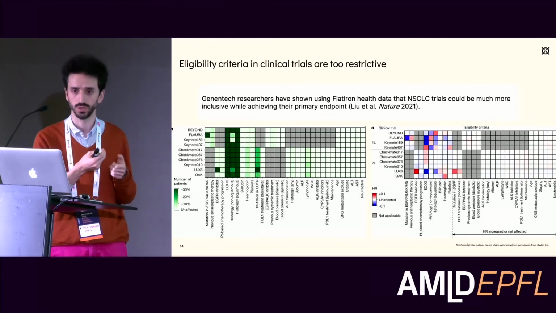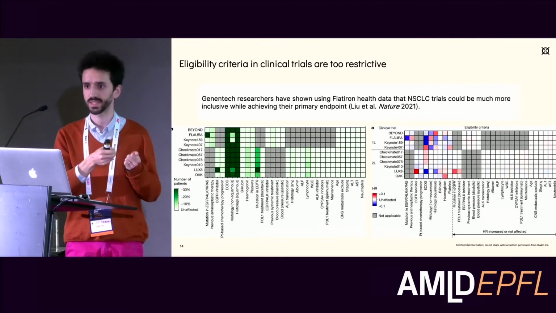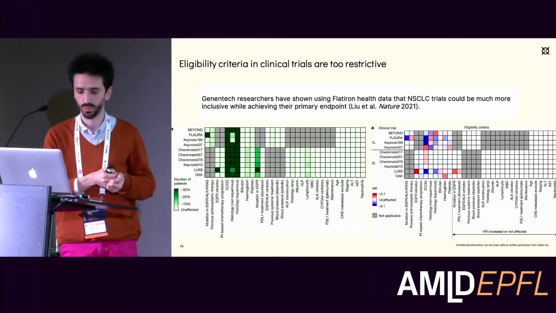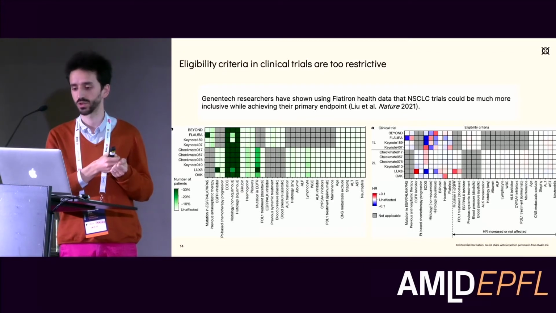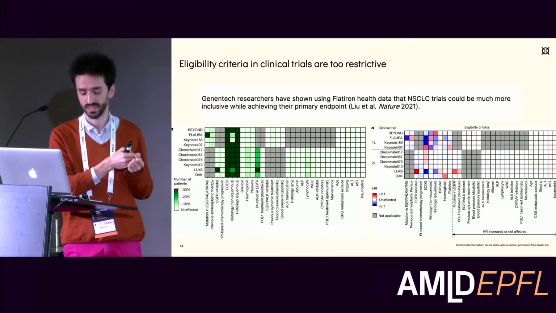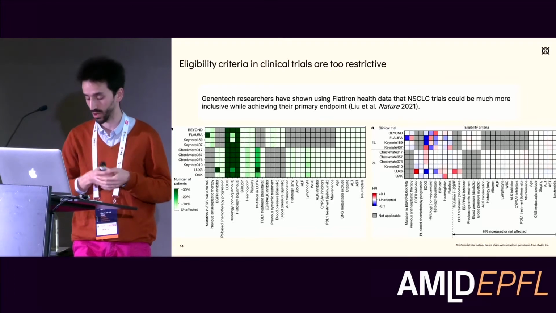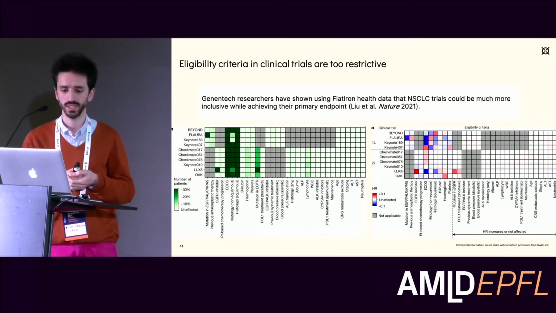Are we really sure that the treatments we've tested in a very selected population are going to be really as efficient in a more broad population?